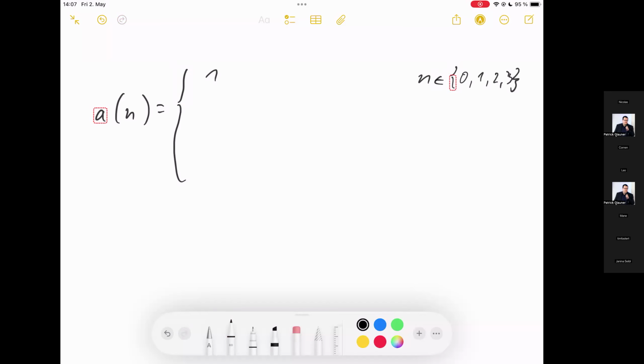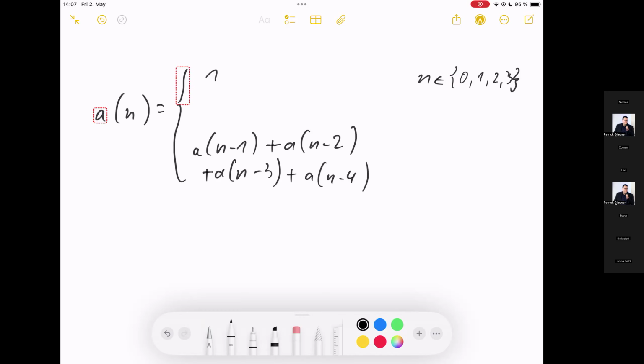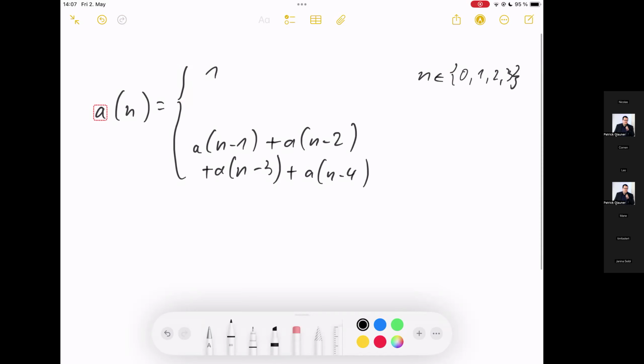And we don't allow negative n's. And for larger n's, the result of this function is a of n minus 1 plus a of n minus 2 plus a of n minus 3 plus a of n minus 4 for n's that are greater than or equal to 4.